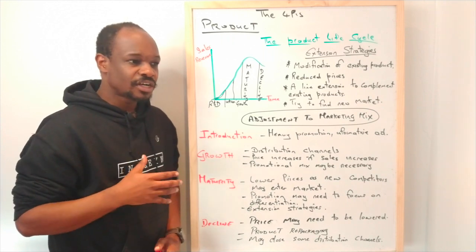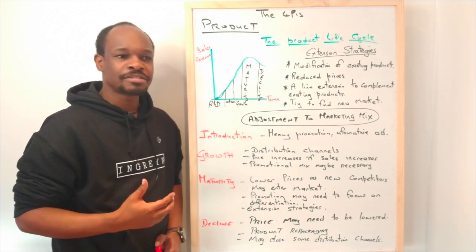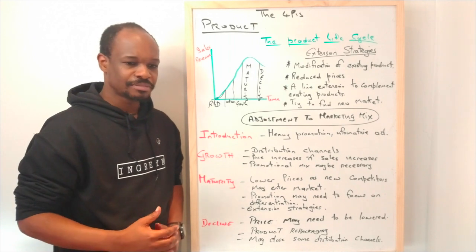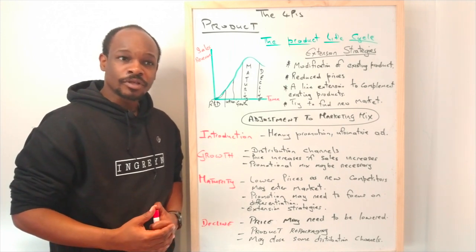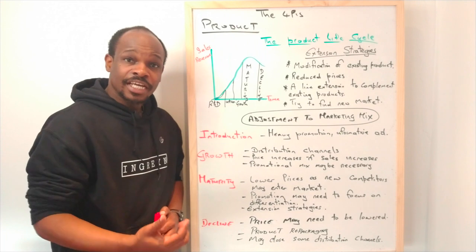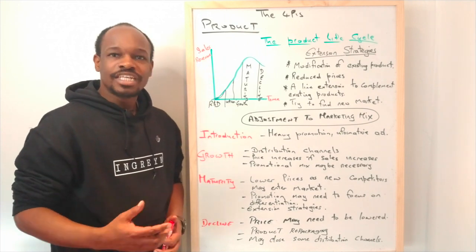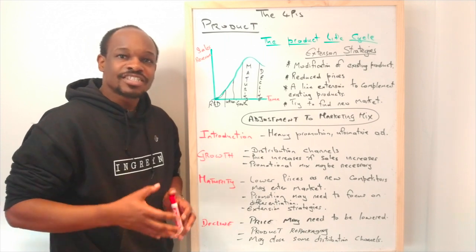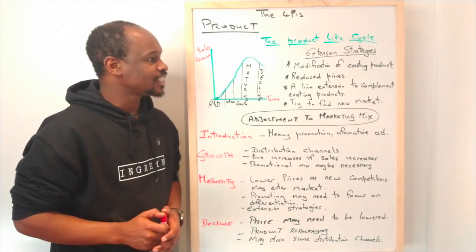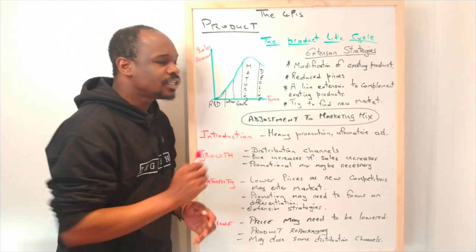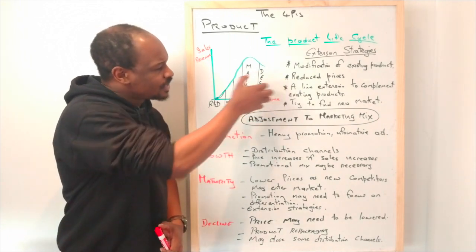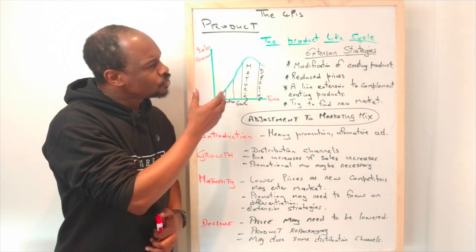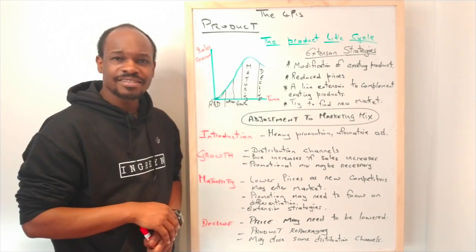That's when things are not really going as before. There might be a reduction in your sales, and hence you would need now to find some strategies that you can incorporate to still get some amount of sales for your product. So one of the things that you can do here at the maturity and decline stage is to modify your existing product.